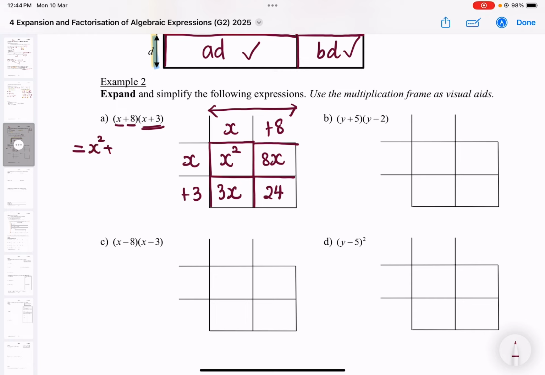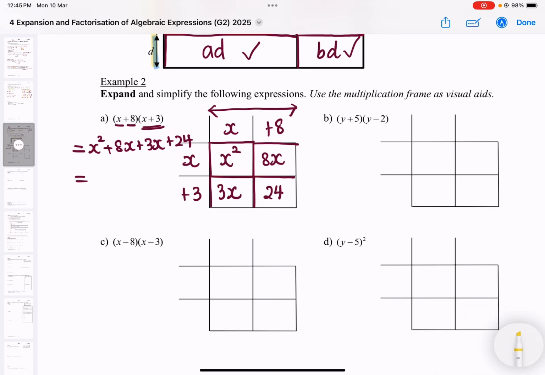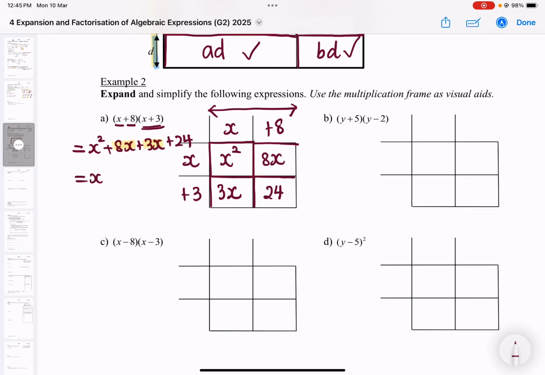So it's x squared plus 8x plus 3x plus 24. Now remember from the previous video, we learned how to add together the like terms. The only like terms here are the 8x and the 3x. So when we add these two together, we will get x squared plus 11x plus 24.